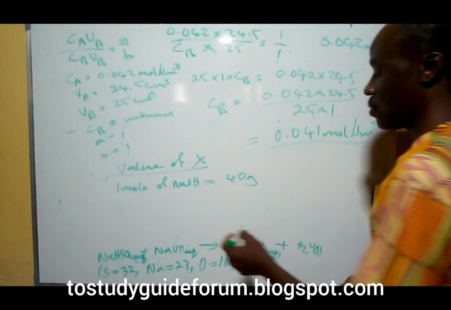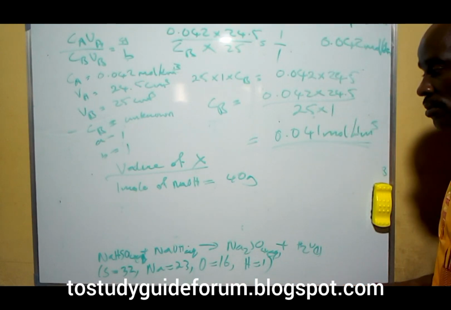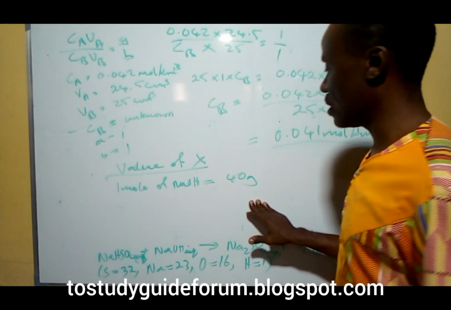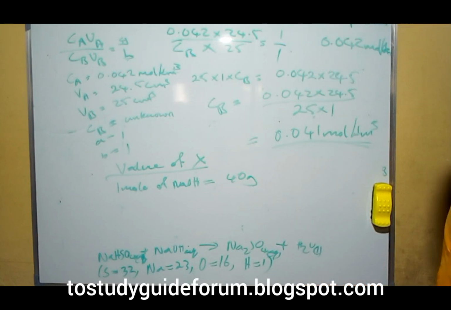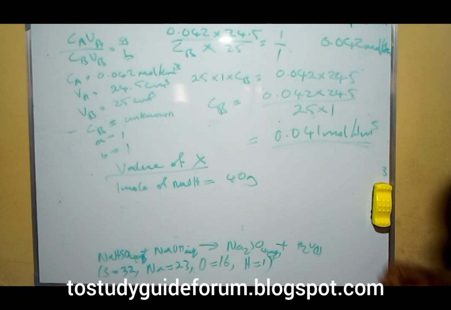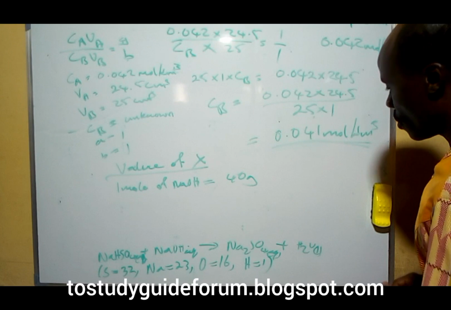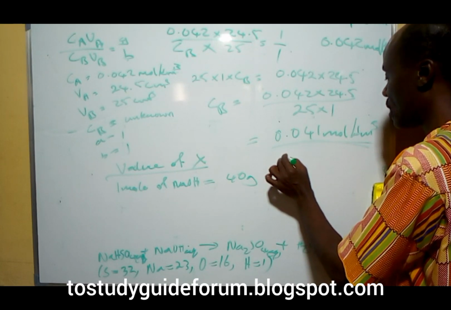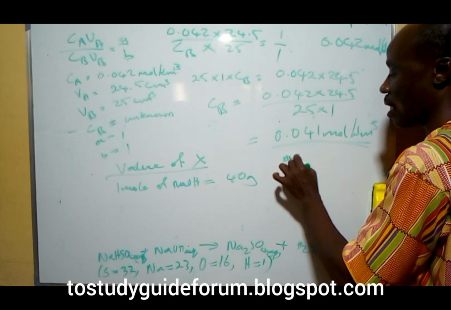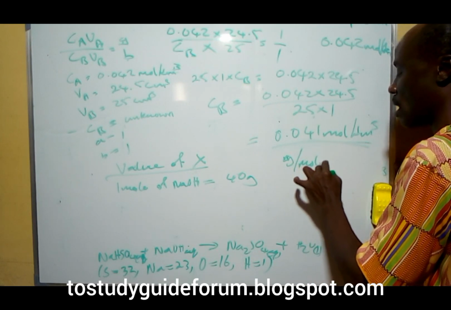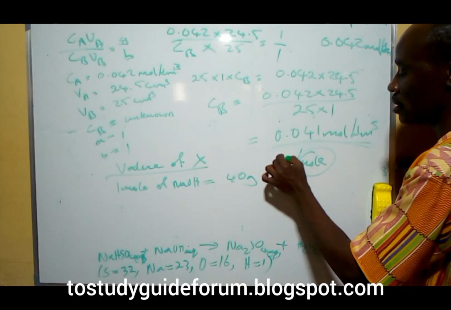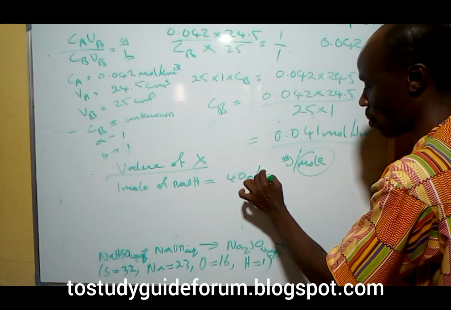Because the molar mass of sodium hydroxide is 40, in gram per mole.